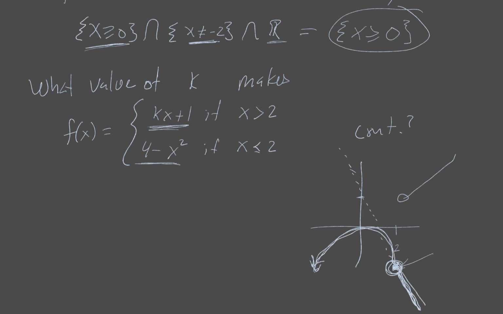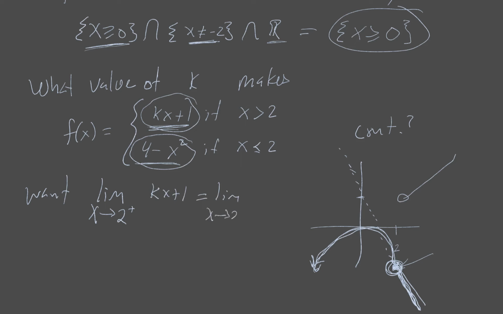Okay, so what I really want to do is take the limit from the right of this, and set it equal to the limit from the left of this. So we want the limit as x goes to 2 from the right of kx plus 1 equal to the limit as x goes to 2 from the left of 4 minus x squared.